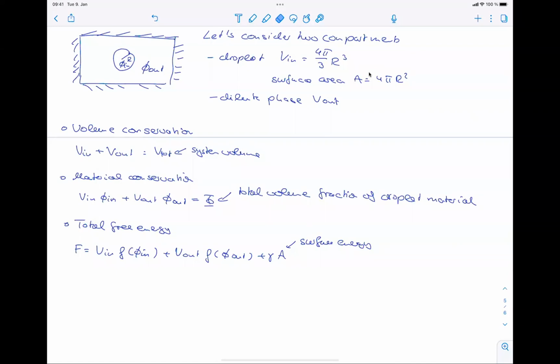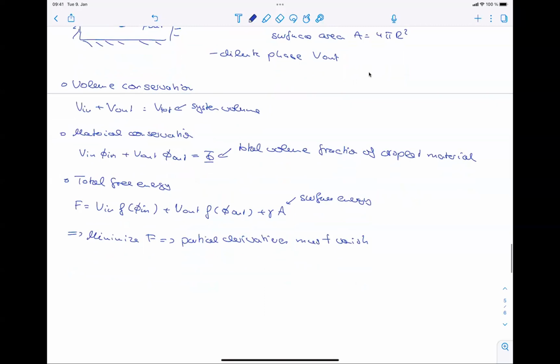Okay, and now to learn about the system, we're seeking the equilibrium state by minimizing the free energy. So we minimize F and look for where the partial derivatives must vanish. Note, if we look at this, we have 4 variables, right?